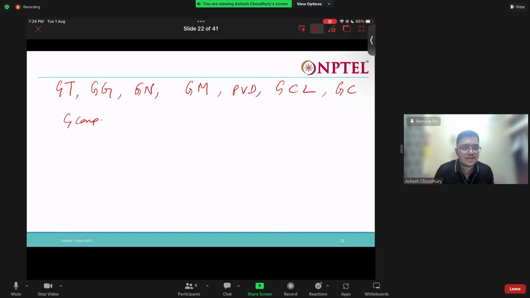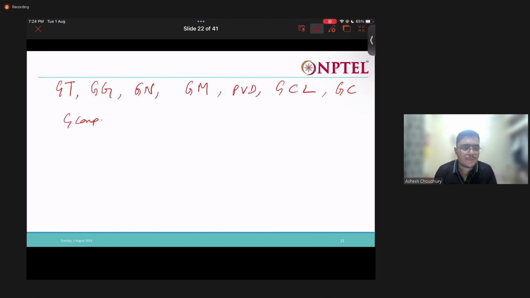Geocomposites are nothing but geosynthetic material formed with more than one kind of geosynthetic material. For example, say you have a geonet here, and above and below you can sandwich the geonet between two geotextiles.